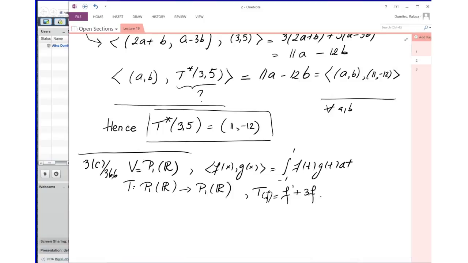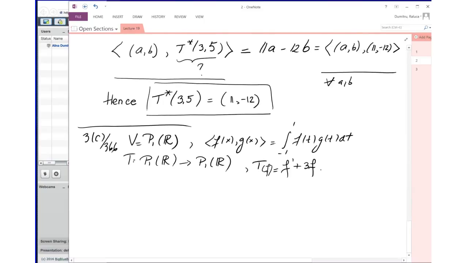Find T star of the following vector: the function 4 minus 2t.